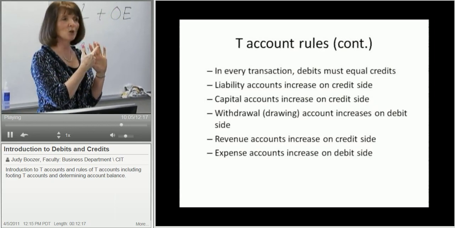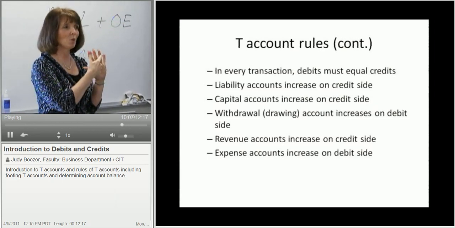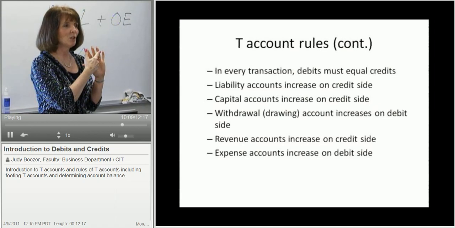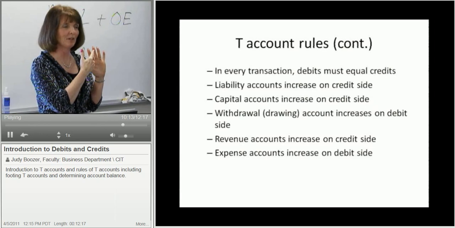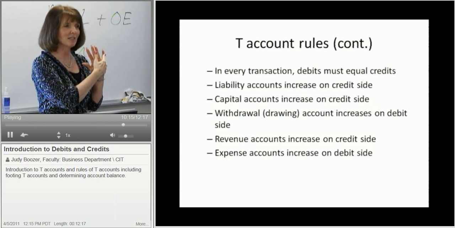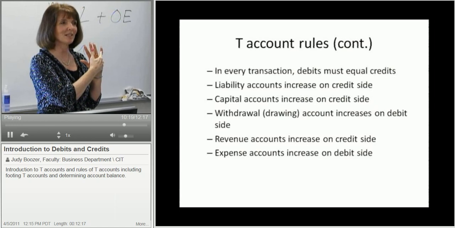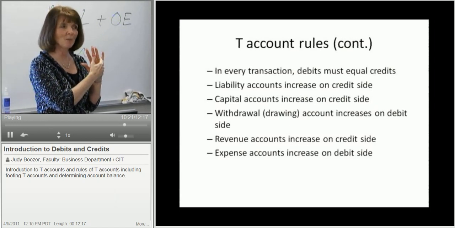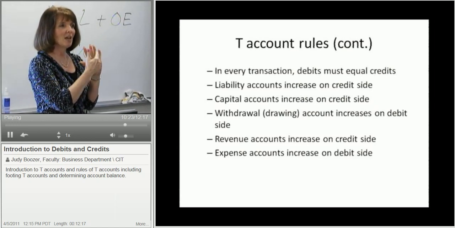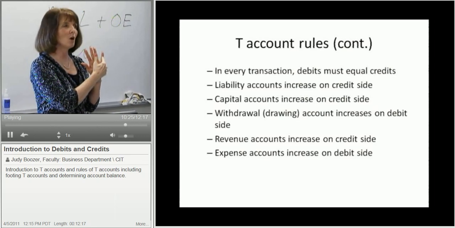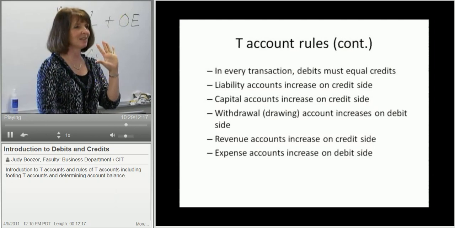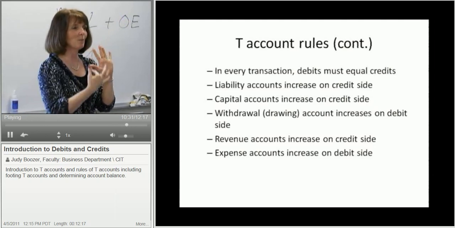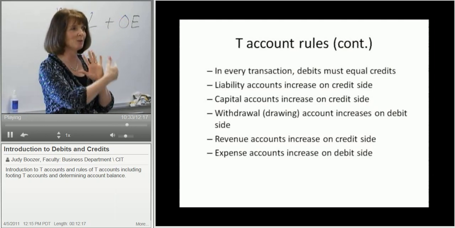And under owner's equity, we have revenue, which is going to be a credit because it's going to increase the capital, and expenses, which are going to decrease it, so they're going to be debits. And what else did we just talk about that decreases that capital? Withdrawals. So again, I just used my hand to identify the correct balance side for all the types of accounts.